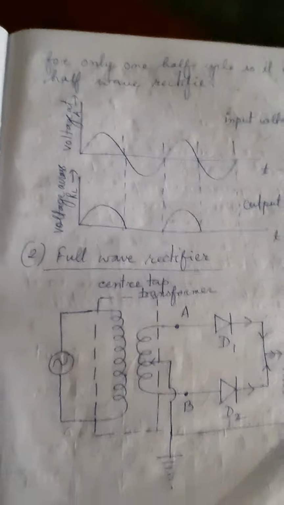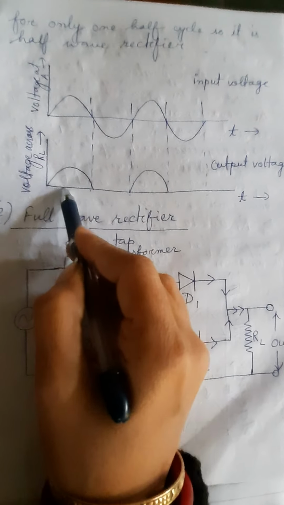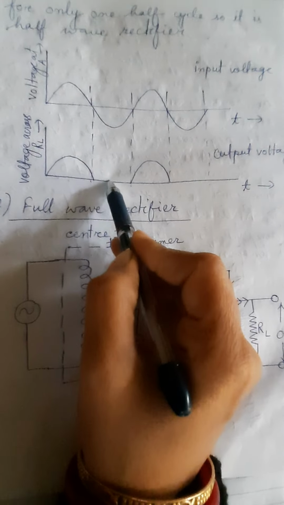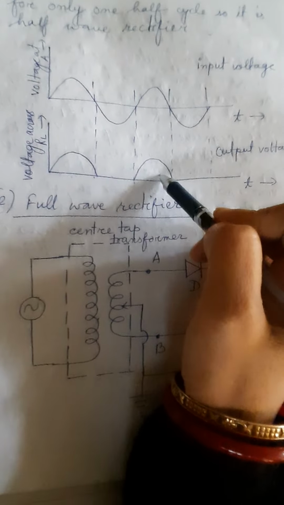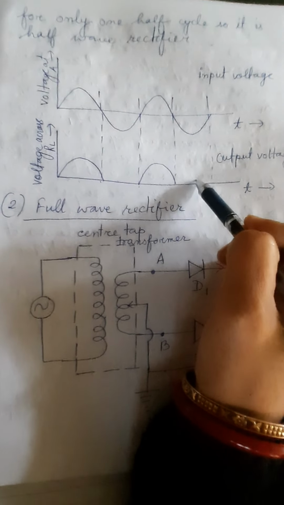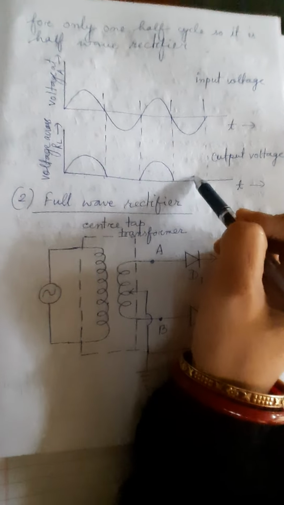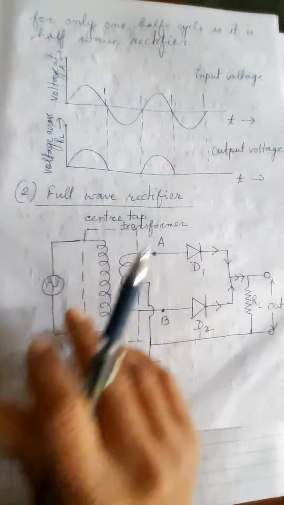This is your input and output voltage graph. We have the output for the positive half cycle and no output for the negative half cycle, again the output for the positive half cycle and no output for the negative half cycle. This is your PN junction diode in forward bias.